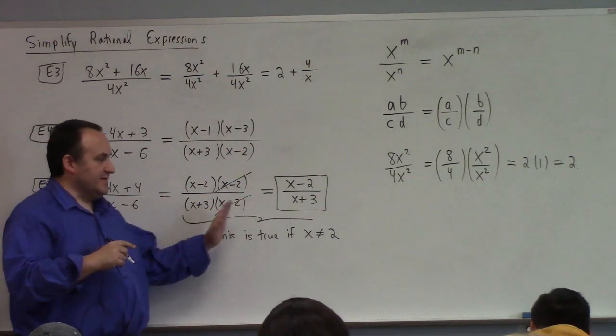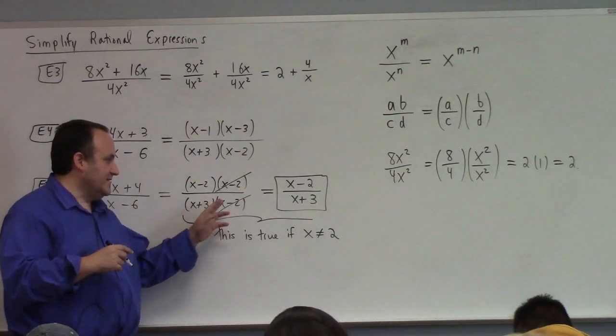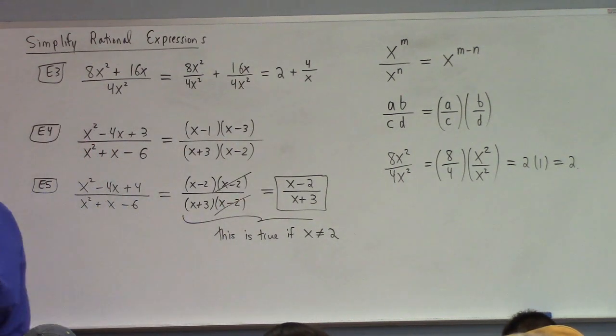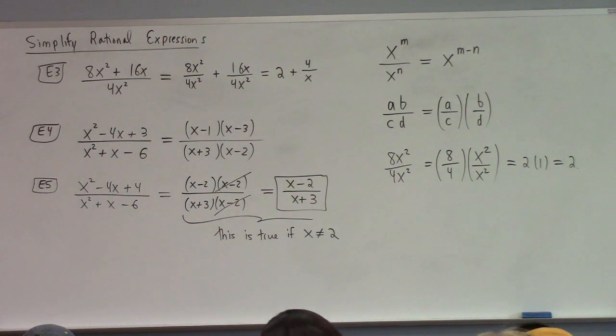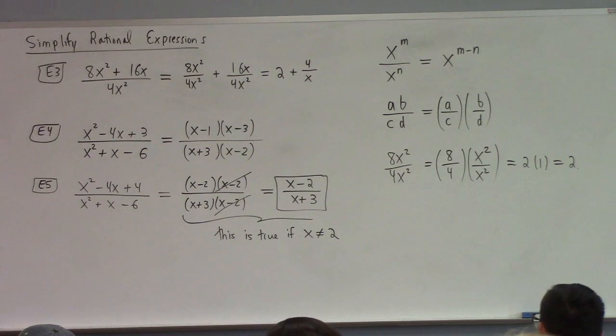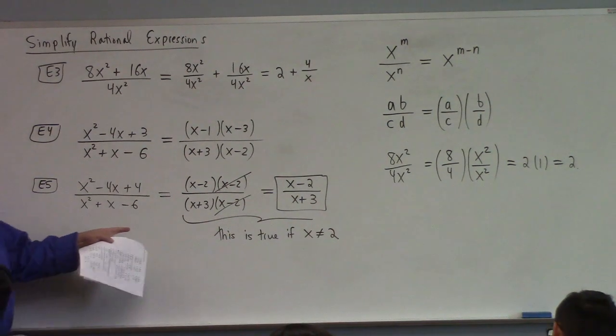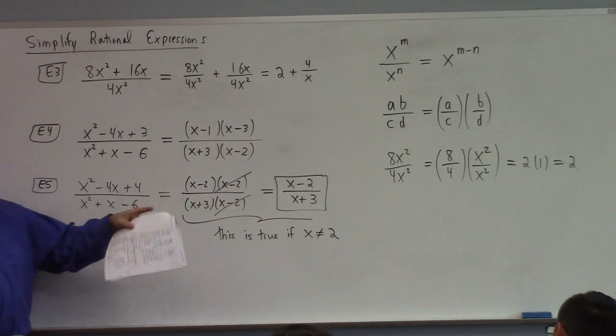It is only valid for x not equal to 2. When x is equal to 2, you have 0 over 0, which is technically undefined. This will be important for those of you who go on to calculus. Oh, and x is not equal to minus 3 as well. That's right. So the domain of the original expression is x not equal to minus 3 and x not equal to 2.